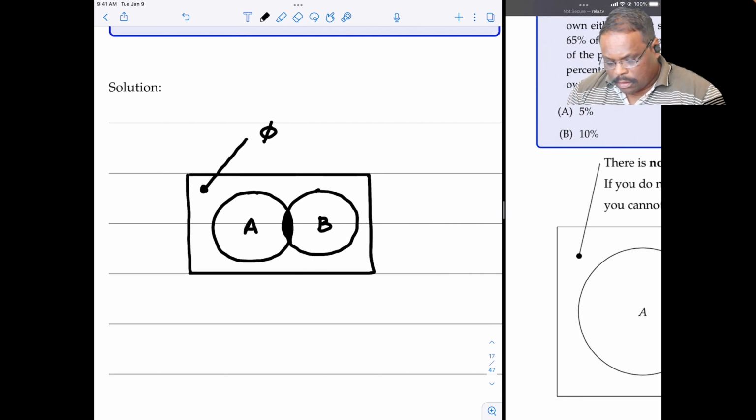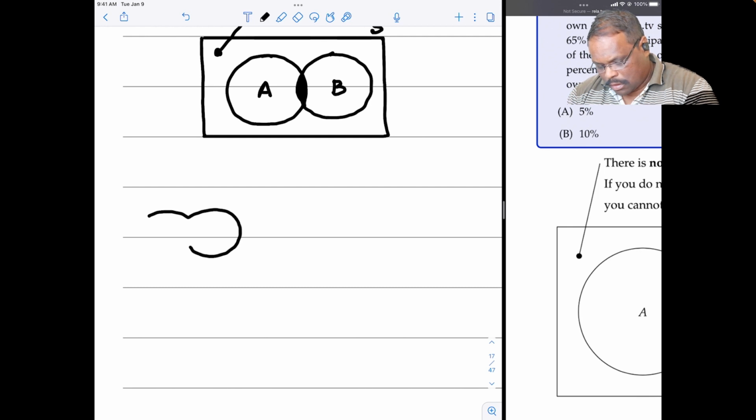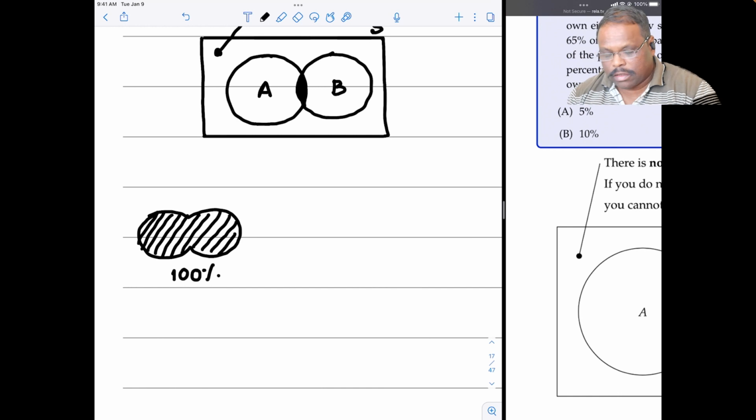So that means if this is a sample space and it represents 100%, I can safely say that this whole thing is actually 100%, because there is nobody outside that particular area, outside the two circles and still within the rectangle.